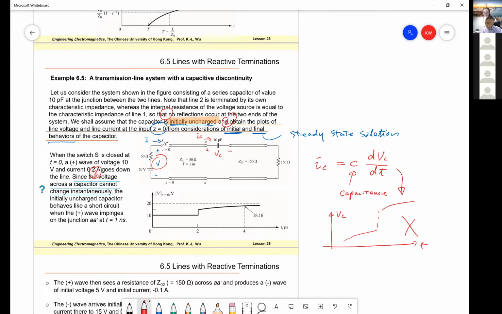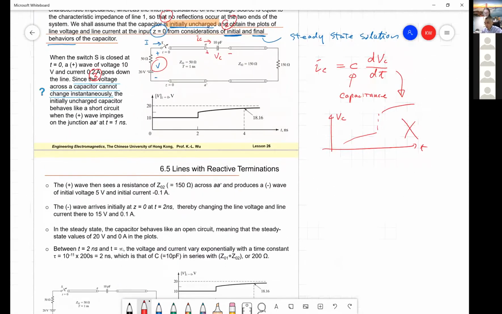And the fourth clause is, if we have a capacitance, then when you look toward both sides, what you can see is this side is a 150 ohm resistance.